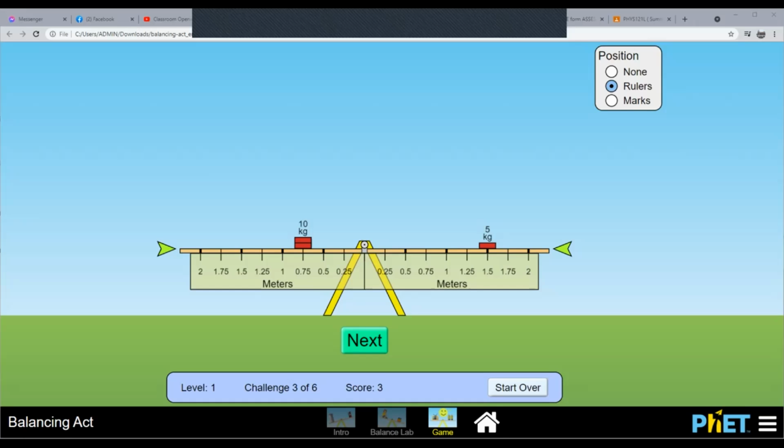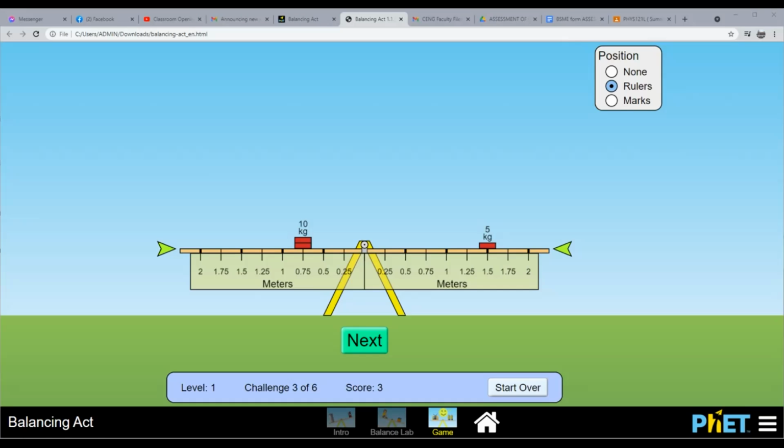Ganito na lang. If the load or the weight is directly or inversely proportional to the balance condition. If you would like to achieve a balance condition, is the weight directly or inversely proportional? Inversely po.